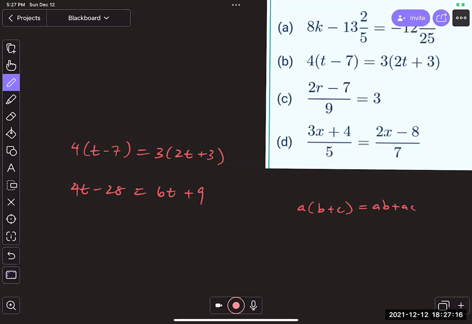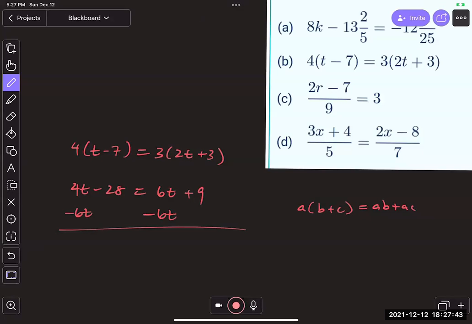The left side. Sure, on the left side, but we want it on a single side, right? So right now we have variables on both sides. What do we need to do first? Get rid of the variable on one side, the right side. How do you do that? Minus 6t on both sides.